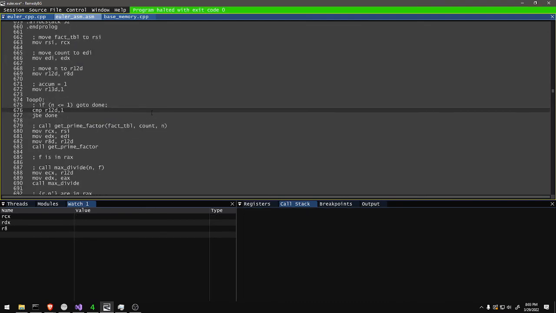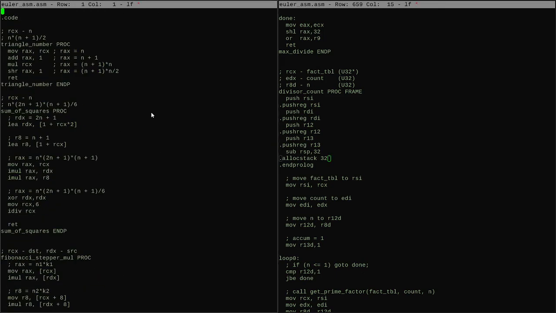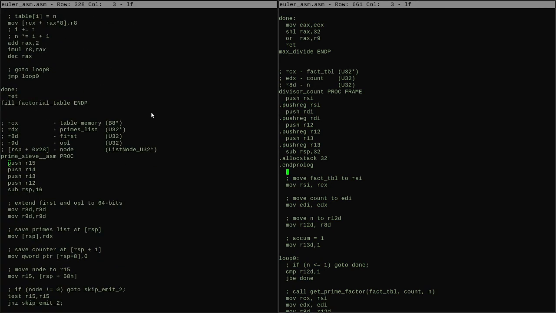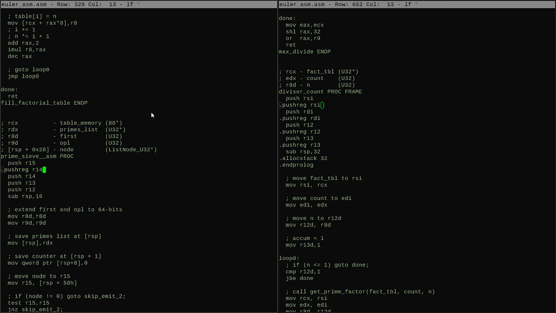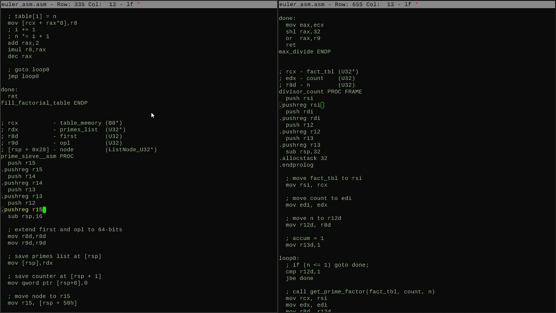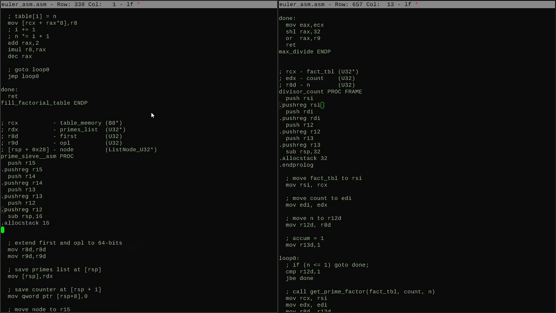All right. So if we figured out how to do it, now let's go and put it in place everywhere. So, whoops, right back. Anywhere where I did a push or a sub RSP, I need to do this. So here we go, R15, 14, 13, 12, alloc stack 16, end prologue, proc frame.